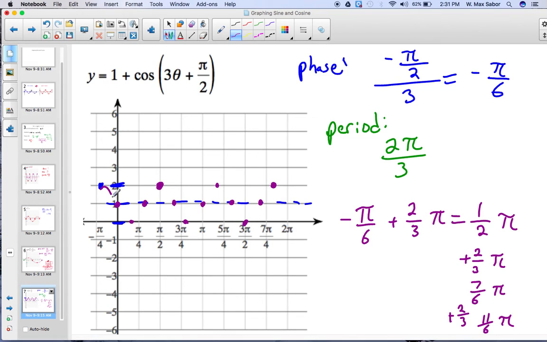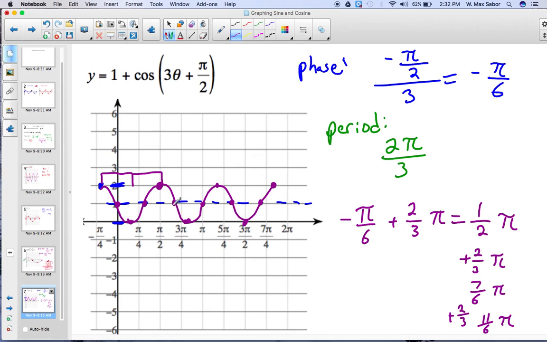Once again, I'm using the period to figure out how far you have to go to get to the next maximum point. And then once you have all of the maximum points, you can go halfway left-right to find where the minimum points are. Or instead of adding 2 pi over 3, you could add pi over 3, that's half a period, and then add another pi over 3.